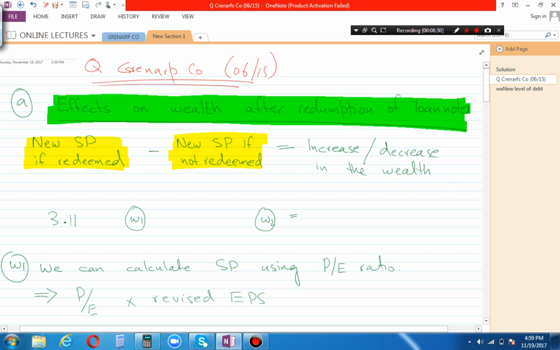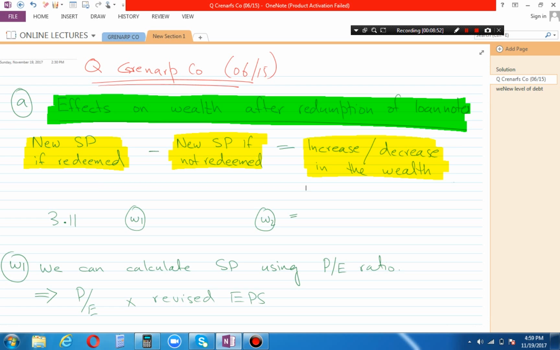If you can find the difference of both of them, then this will give you the amount increased or decreased in the share price. So if the share price is increased, then it means that it's a good decision, and if the share price is not increased, then this is a bad decision, right?